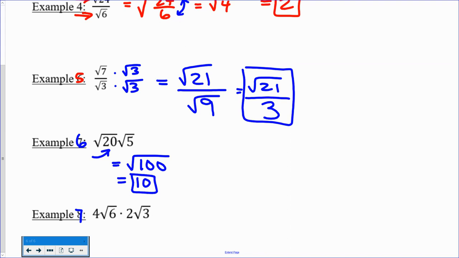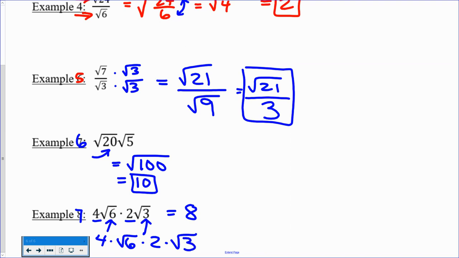The last one here, example 7. So I'm going to multiply those together. I can't simplify the square root of 6 or the square root of 3 as they are. The 4 and the 2 are both on the outside of the radical, so those can multiply together to give me 8. And then I have the square root of 6 and the square root of 3, because really this is 4 times the square root of 6 times 2 times the square root of 3.